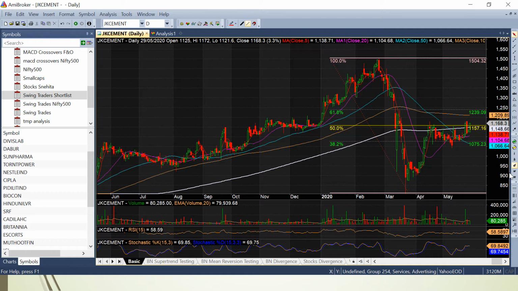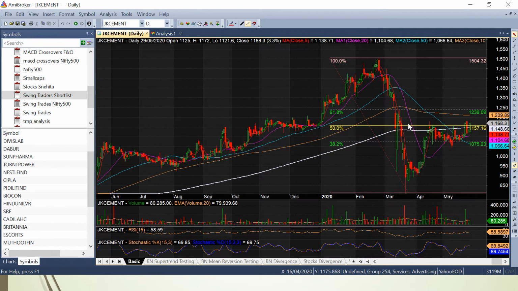These are the two levels where I would set my profit booking targets. So my first level profit booking target will be this 1200, 1239 or 1240.